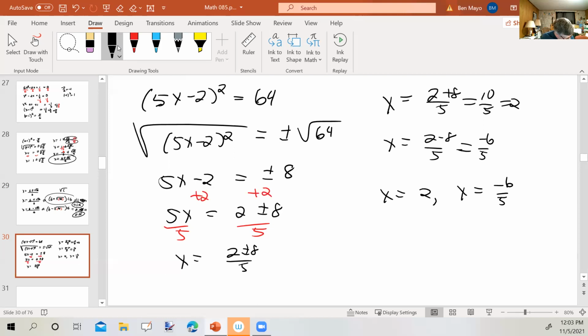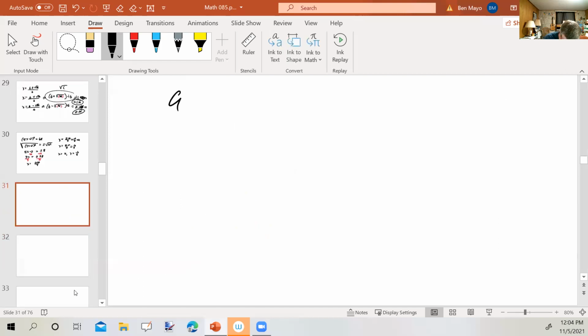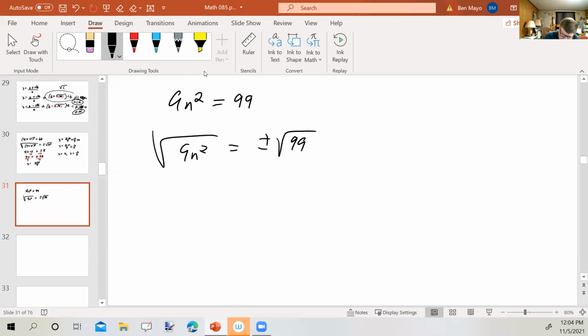Okay, let's take a look at this one. 9n squared equals 99. Well, in fact, this is already in that form because 9n squared is a perfect square. So if we take the square root of 9n squared, plus or minus the square root of 99, on the left side, we get 3n.